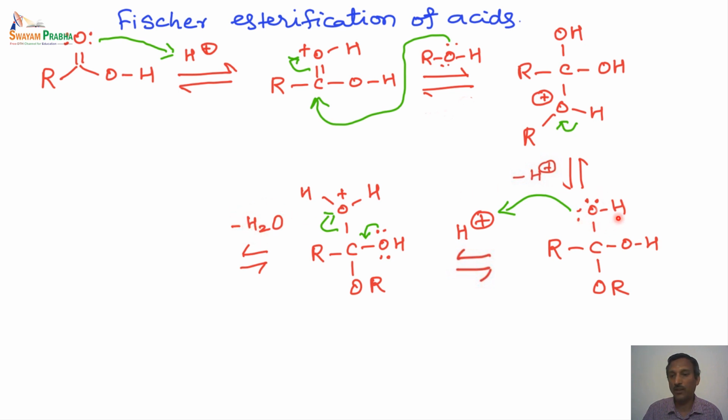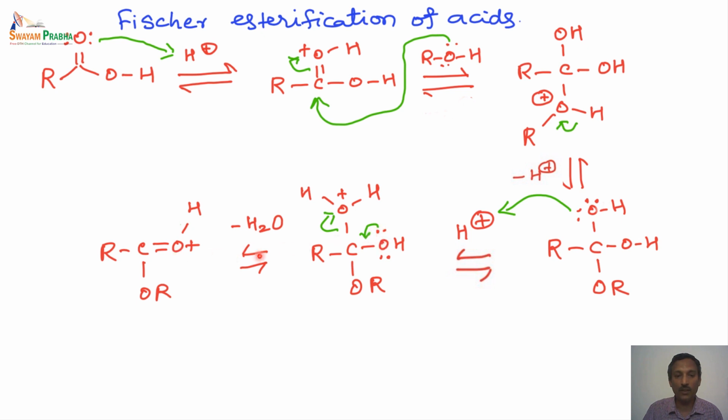In this case, none of the groups can be easily lost because they are not good leaving groups. The OH is not a good leaving group, OR is also not a good leaving group, but the water molecule, H2O plus, is a very good leaving group. So the abstraction of the proton is very crucial for the loss of the water molecule in this step.